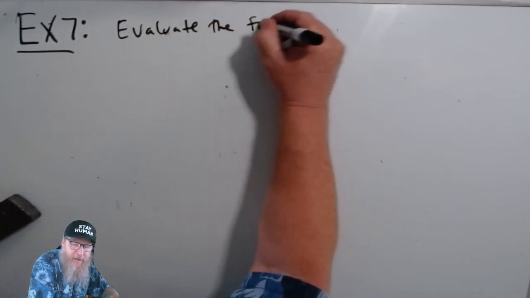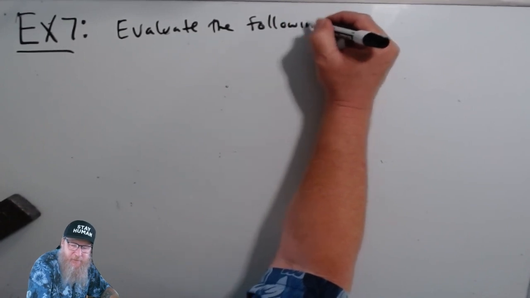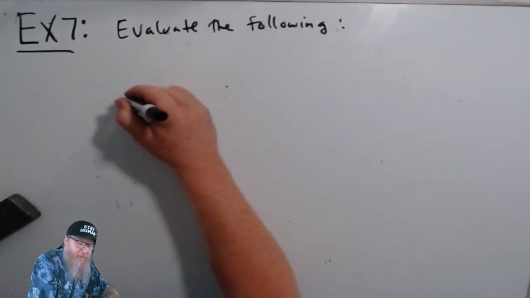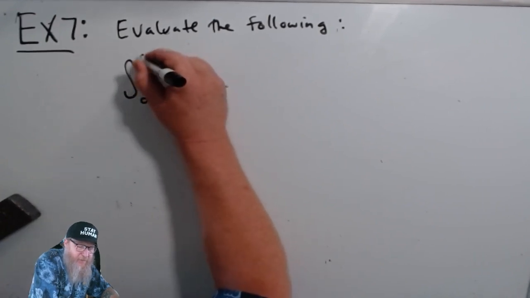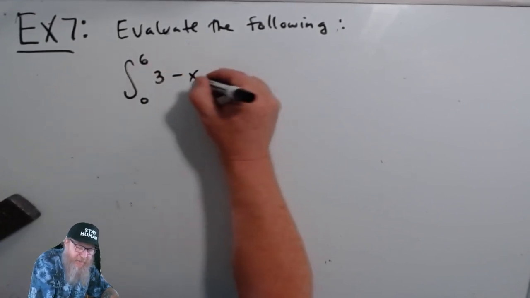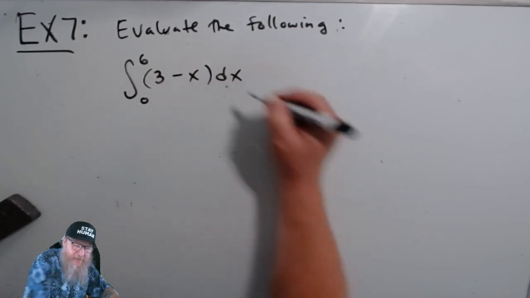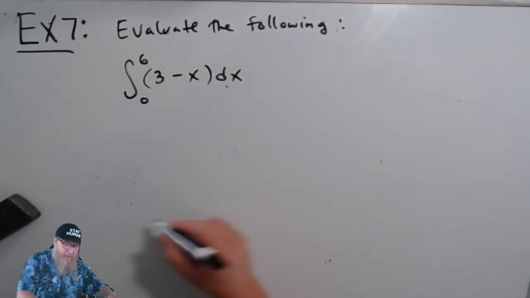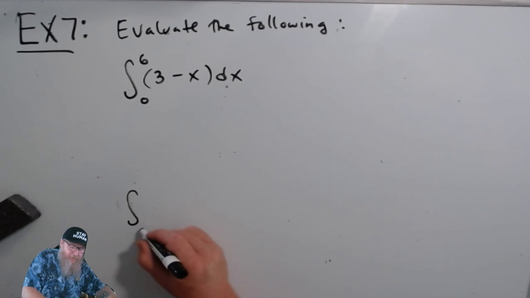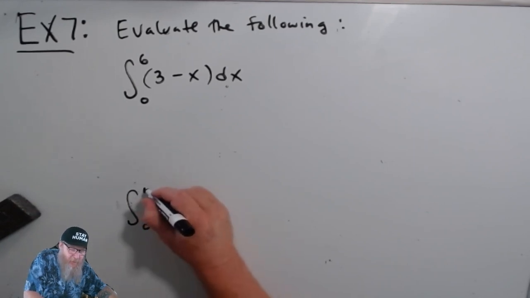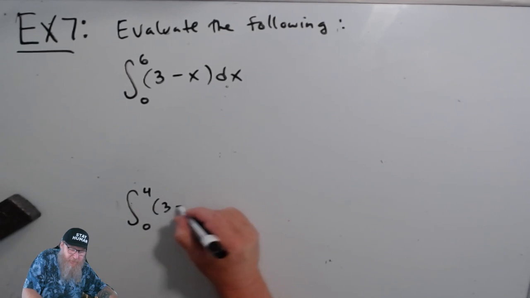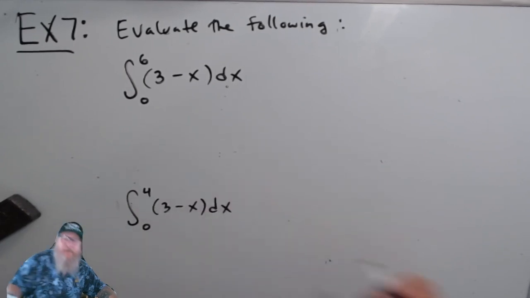So let's evaluate the following integrals. Let's do the integral from 0 to 6 of 3 minus x dx. And let's do the integral from 0 to 4 of 3 minus x dx.